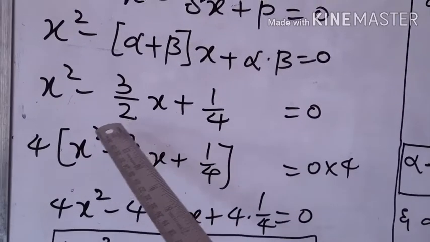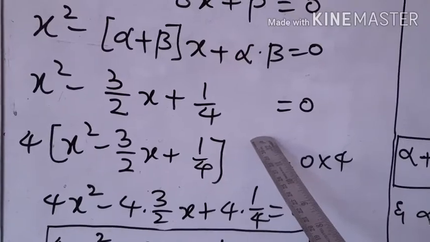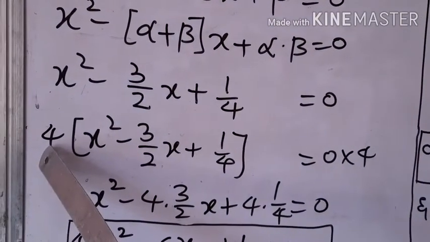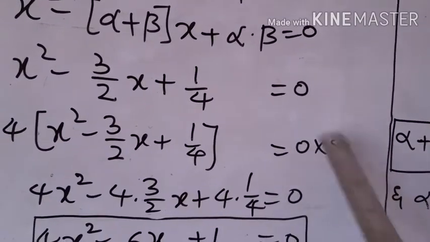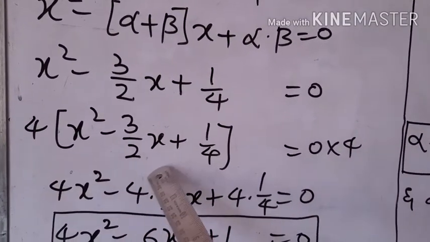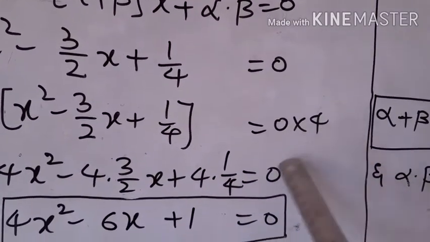But to eliminate this 2 and 4, what I do is I multiply both the sides by 4. This side also by 4 and this side also by 4. So 4 into (x squared minus 3 by 2 x plus 1 by 4) bracket complete is equal to 0 into 4. 0 into 4 is 0.